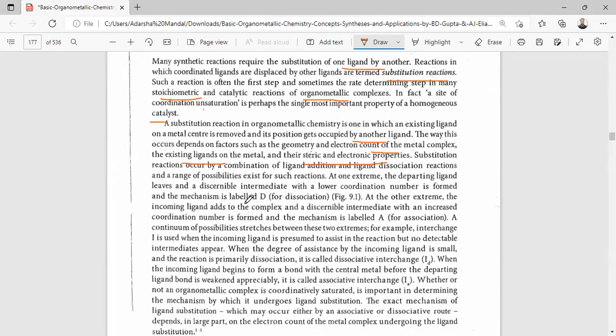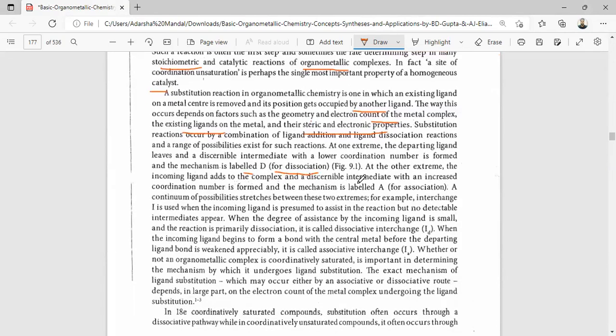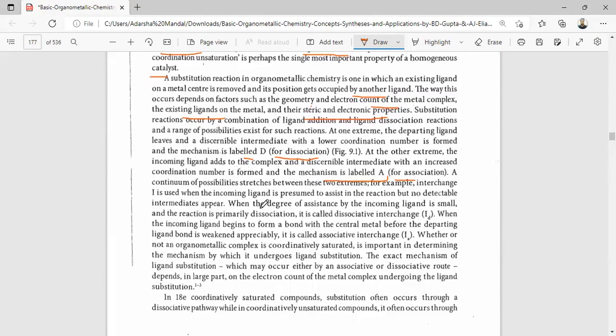At one extreme, the departing ligand leaves and a discernible intermediate with a lower coordination number is formed, and the mechanism is labeled D, for dissociation. At the other extreme, the incoming ligand adds to the complex and an intermediate with an increased coordination number is formed, and the mechanism is labeled A, for association. A continuum of possibilities stretches between these two extremes.